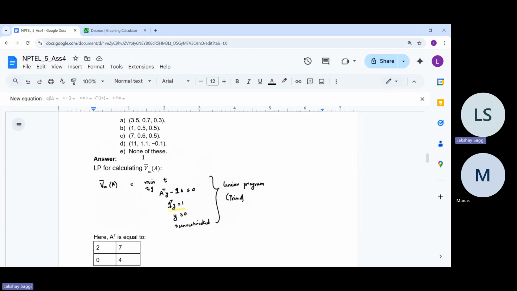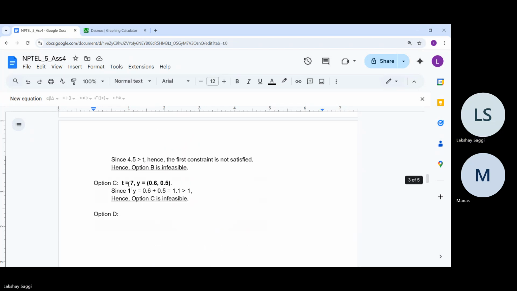What are the D and y values? So here what we have is D is equal to 11 and y is 1.1 comma minus 0.1.